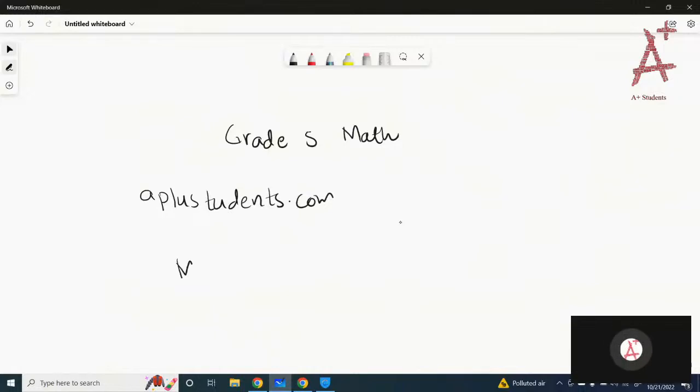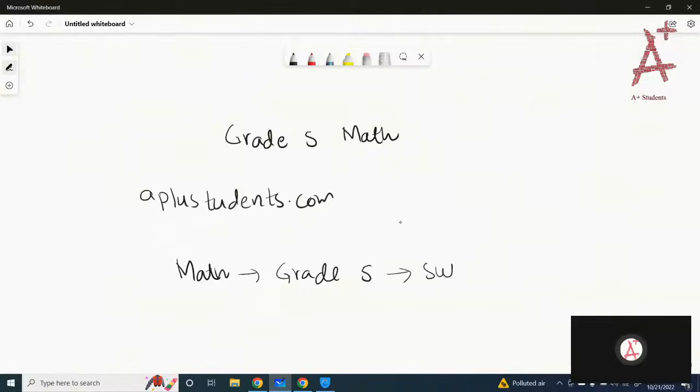Then you have to select math from the subject tab. Scroll down to grade 5. Then click on view all lessons. And we are going to start with chapter 4, addition and subtraction.